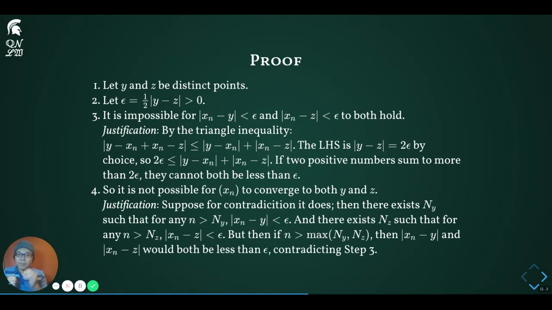Similarly, for any later index than n sub z, the terms of x are within epsilon of z. Then, if small n is greater than the larger of n sub y and n sub z, then both bounds must hold, showing that the term x sub small n is within epsilon distance of both y and z. This contradicts the result of step 3.